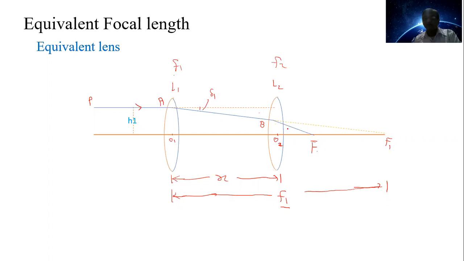F is the focus point for this combination. Now then, in this case, at the second lens, the deviation produced is delta 2 here. That we represent.